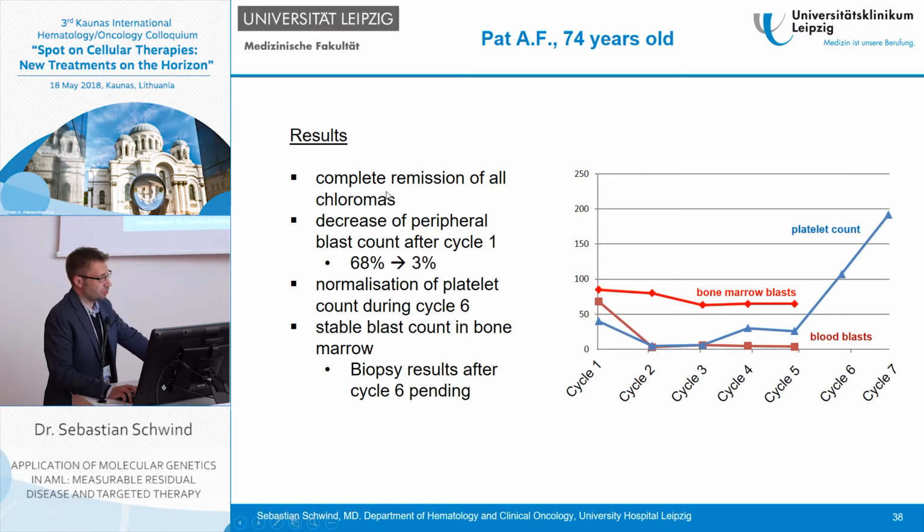So with gilteritinib, we achieved a complete remission of all chloromas, and we decreased the peripheral blast count after 1 cycle from 68% to 3%. We continued the therapy, and after 6 cycles, she even had a platelet recovery, and she at least had stable blast counts in the bone marrow.